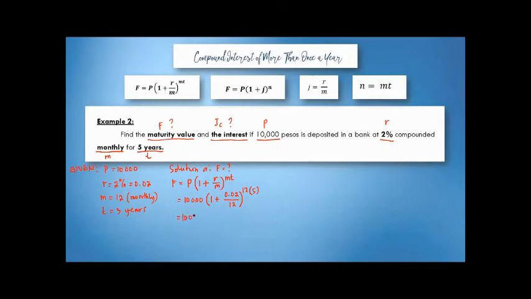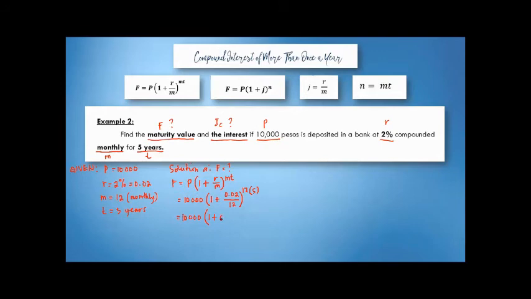Pag sinimplify muna natin siya, ganito siya, 10,000 times 1 plus, ito ay decimal na madaming decimal. So, katumbas siya ng 0.00166667. So, para maiwasan yung pagsusulat ng maraming decimal, pwede nang ito na lang yung isulat natin sa calculator. Pero, kung one-liner ang ating calculator, pwedeng isulat natin yung decimal provided na hanggang 8 decimal places.